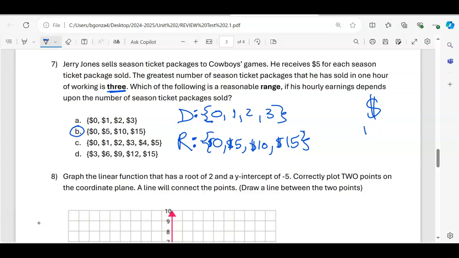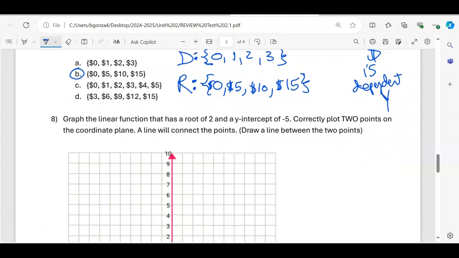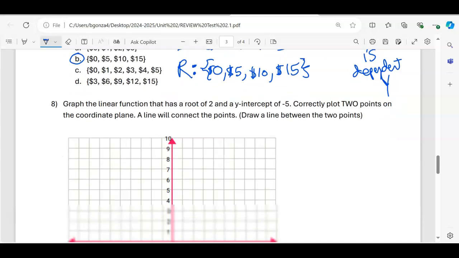Money is dependent. That's why the domain was the tickets he sold, packages. He said it's 3 max. So 0, 1, 2, 3. And all you're doing is multiplying it by the money he's making, 5. 0, 5, 10, 15.